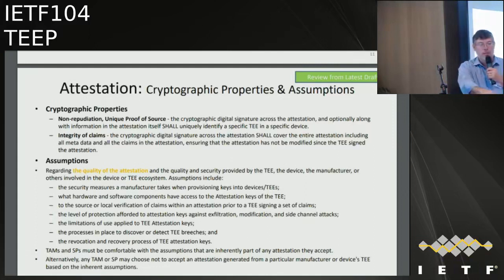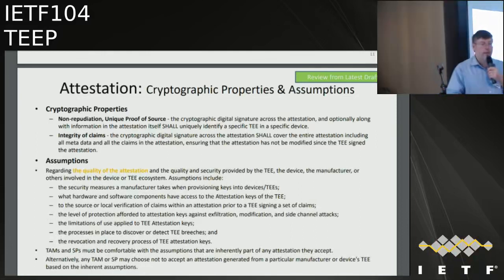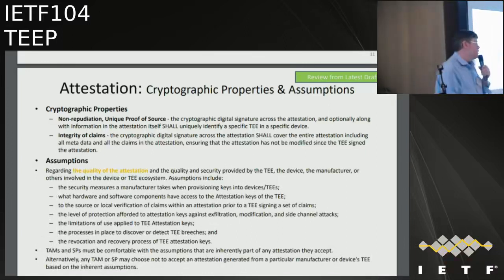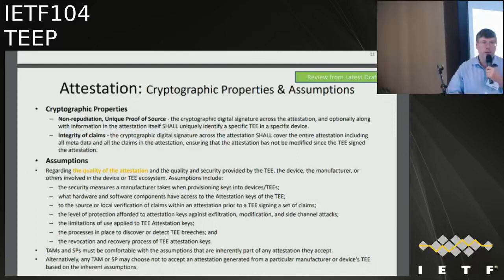I'll summarize this by saying, the second to last bullet, right? TAMs and service providers have to be comfortable with the assumptions that are inherently part of the attestations that they accept. And TAMs and service providers are free to say, I don't like this manufacturer because I don't trust their processes, I don't like the way that they handle keys, I don't like the hardware that's being used to protect these keys, so I'm not going to trust that attestation.